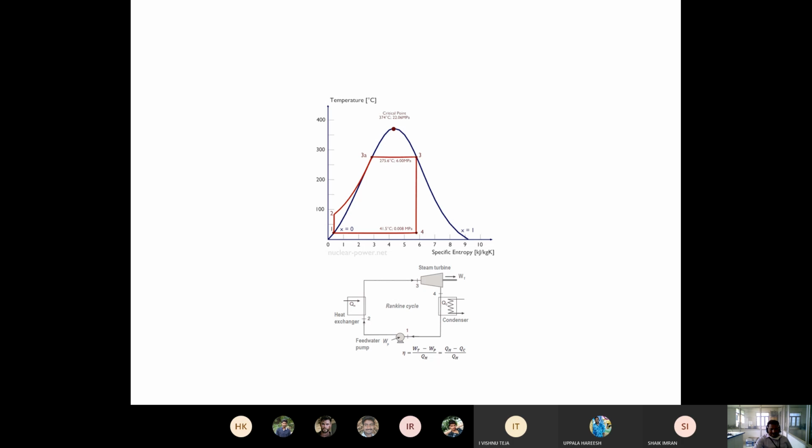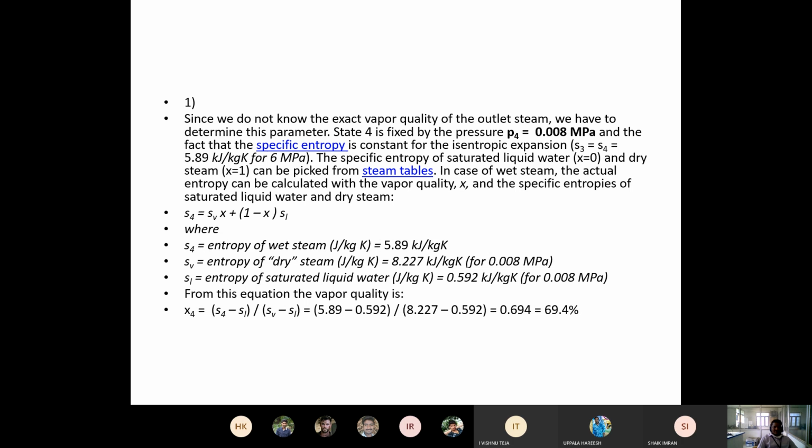You can see this is the Rankine cycle. 3 to 4 is the expansion process, 4 to 1 is the heat rejection process, 1 to 2 is the compression process, and 2 to 3 is heat addition at constant pressure. Are you following? Once we refer to the steam tables, we will easily understand it. If not, there is slight difficulty and confusion with this.